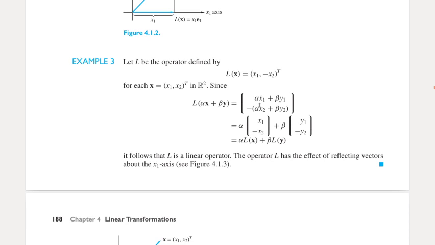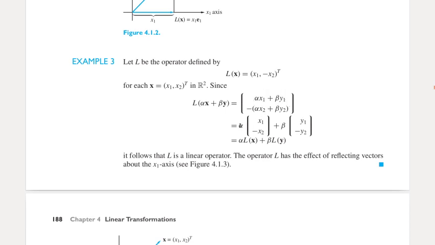You can write this addition as this, separating them into two vectors. If you want to check that this line is the same as this line, try multiplying the coefficients and adding them together. So the first component will be alpha times x1 plus beta times y1, which is this.